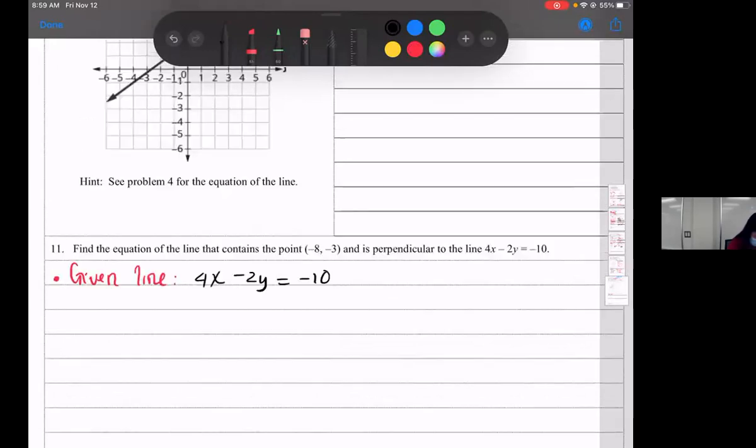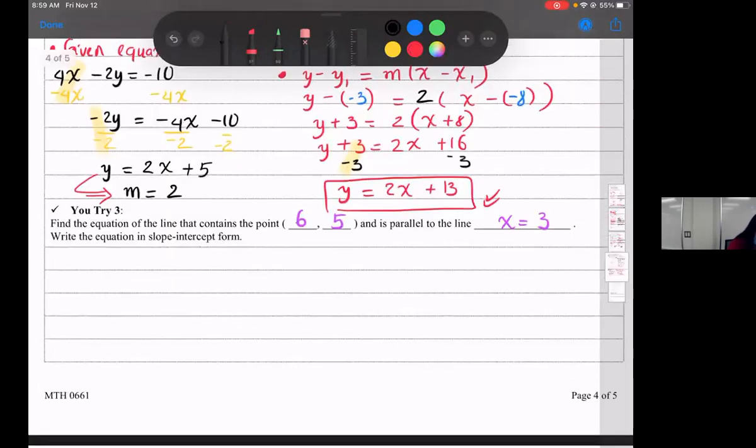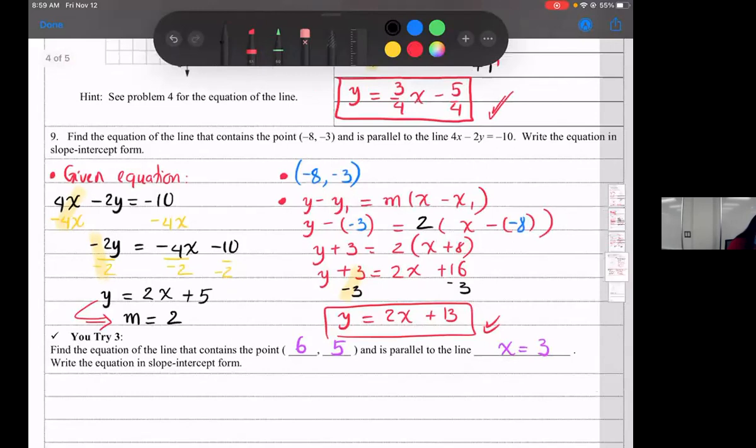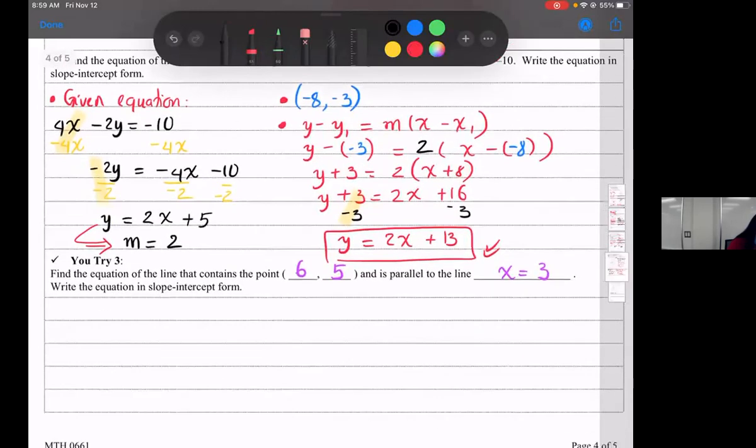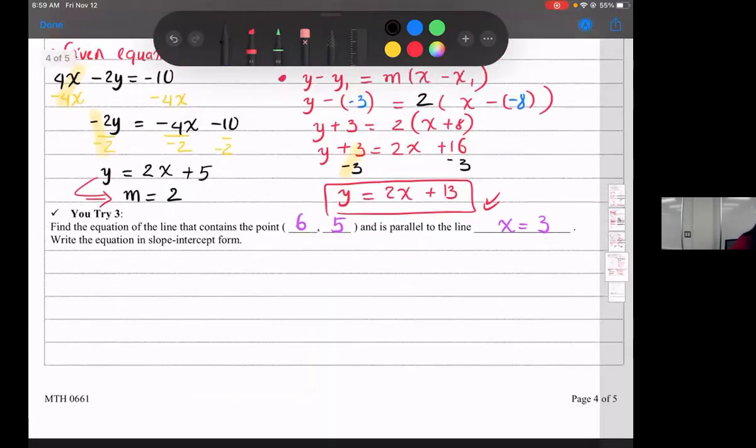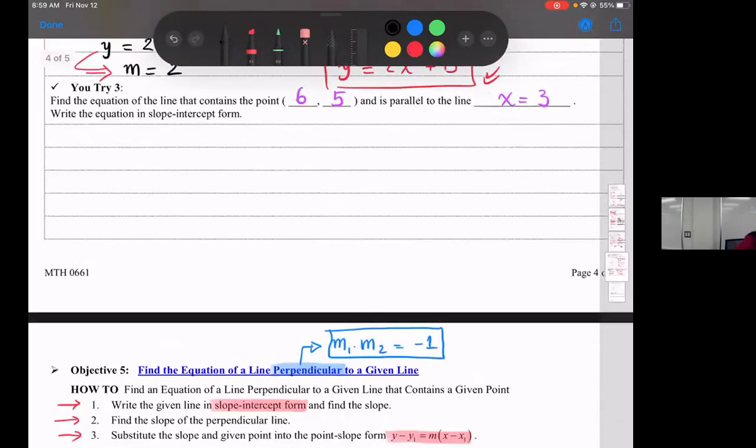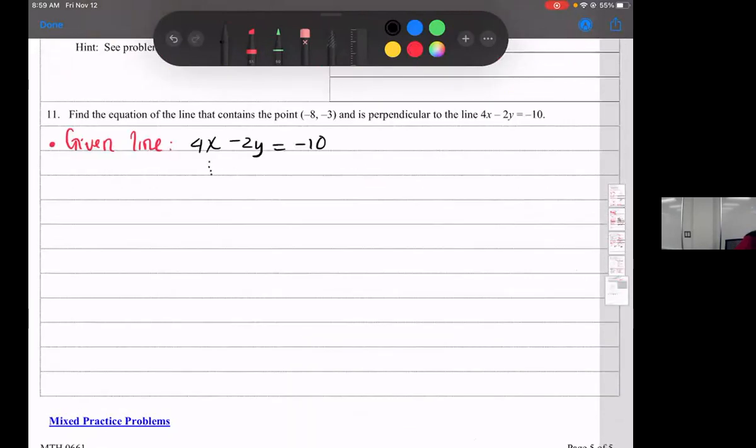Is this the one that we just did? Yeah, this was it. Okay, so solve all that, y equals 2x plus 5. It's identical to the one we just did, so I'm not going to do it again.